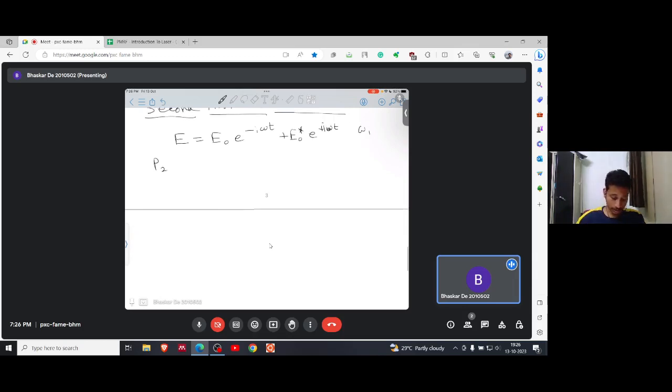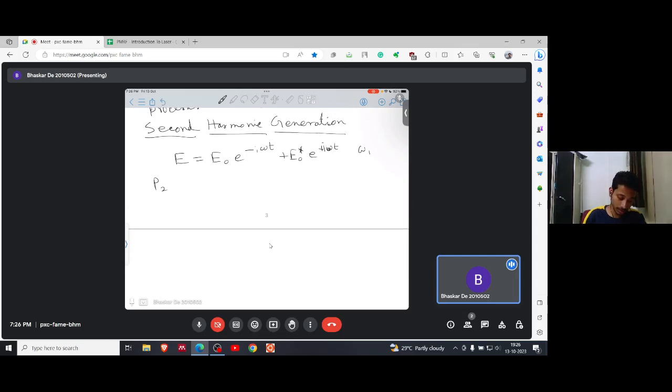So let's assume that this is the electric field that is passing through the crystal, and due to the second order polarization we will have epsilon naught chi2 E squared, so epsilon naught chi2 times E star E plus E star E plus E squared e to the power minus 2i omega t plus E star squared e to the power plus 2i omega t.